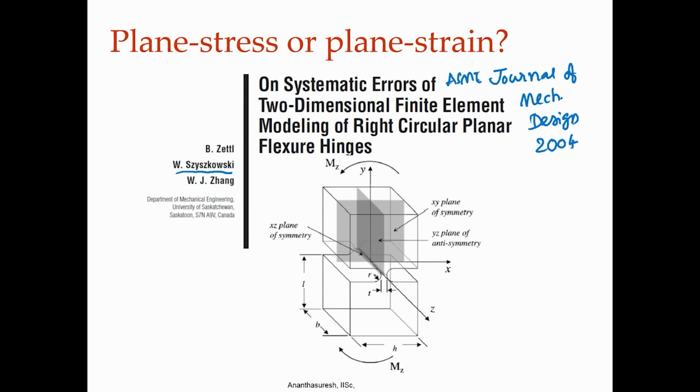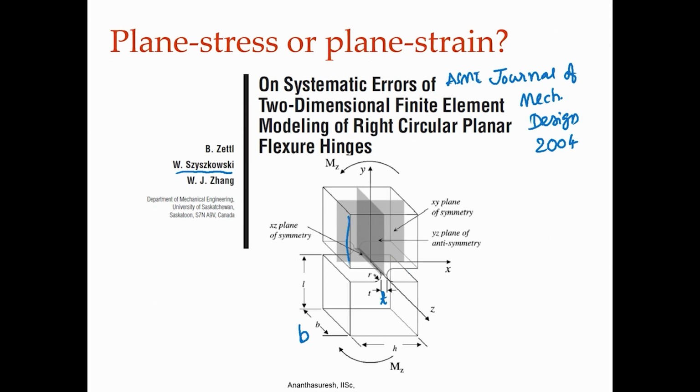a detailed analysis. If you take this circular flexure with various parameters, there is a B here, and there is a T which decides the space between the two circular cuts, and some other parameters, and they found that you could be getting as much as 12% error if you were to use plane stress or plane strain elements, if you take a two-dimensional version of this.